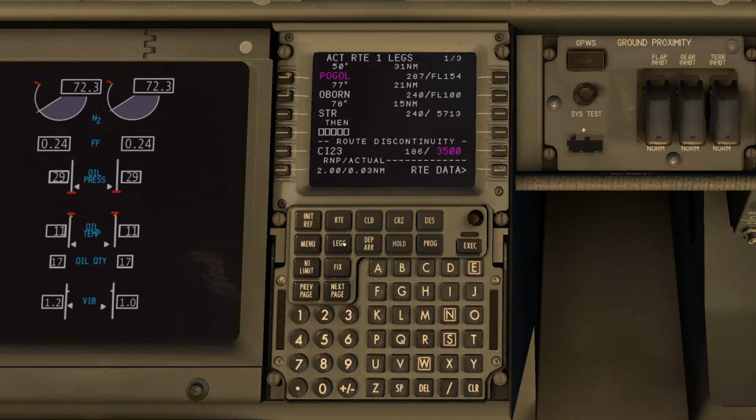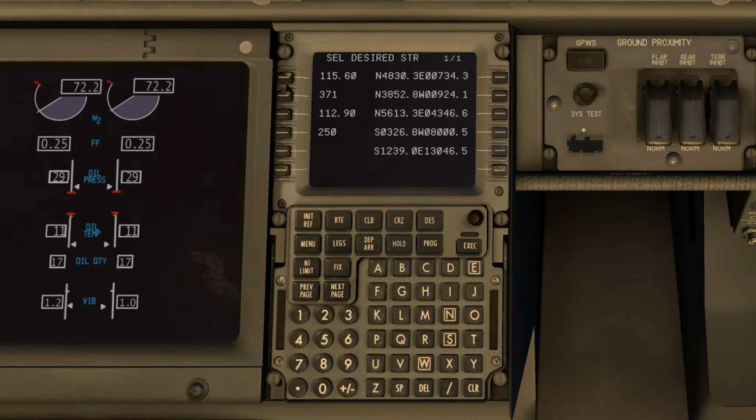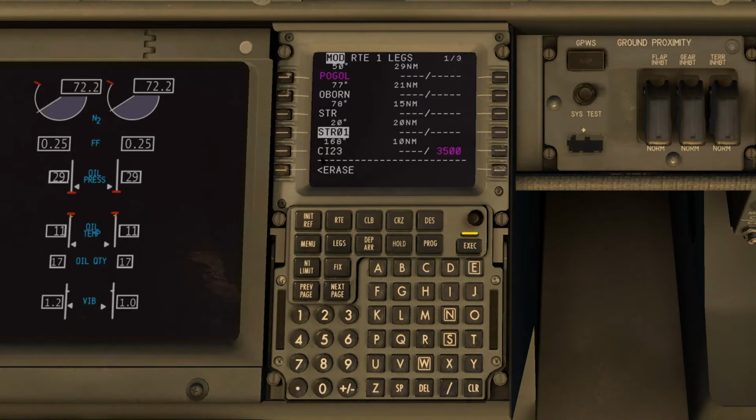So from Strasbourg we will need a 30 degrees, so it will be Strasbourg 020 to the left, and we go that for 20 miles. And then turning right and come back.